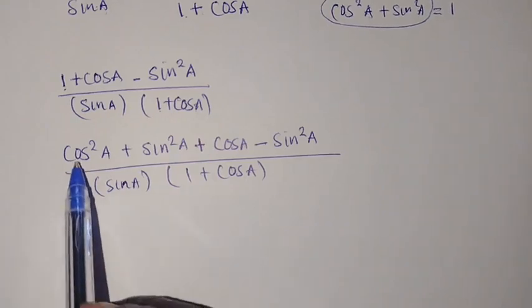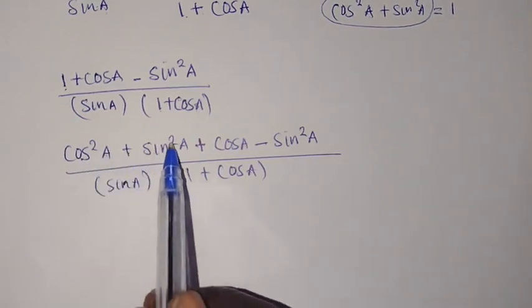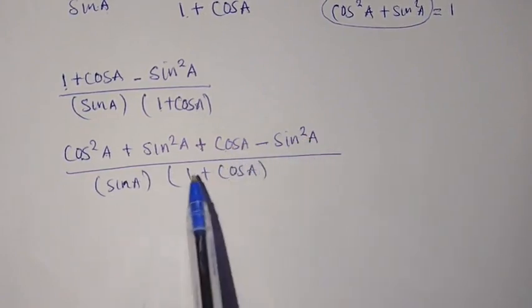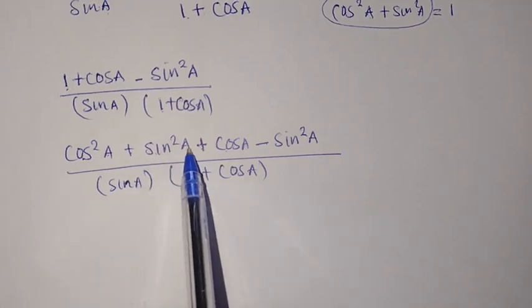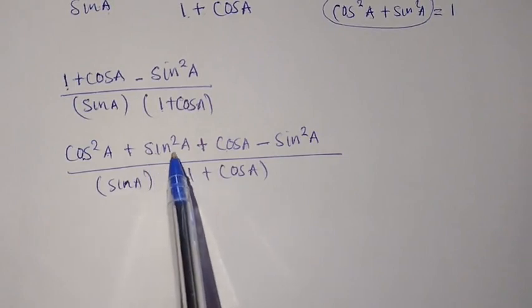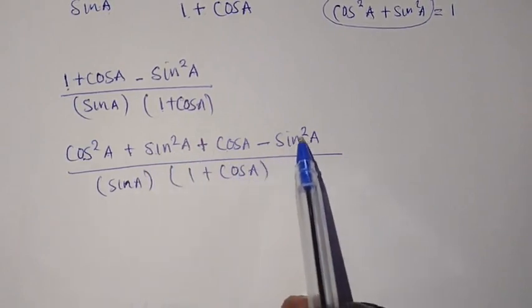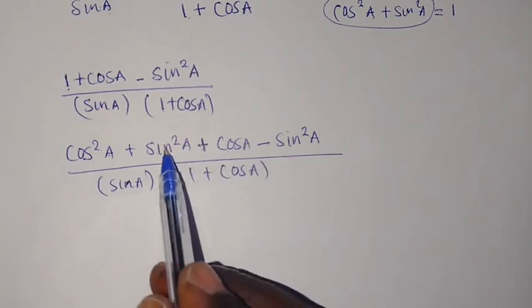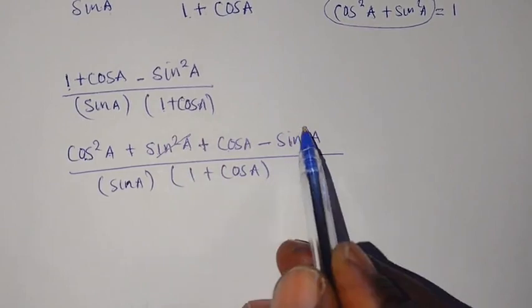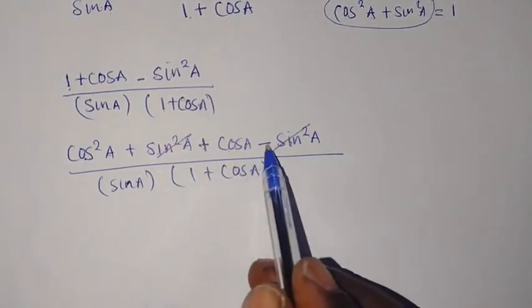Now we have cos squared A plus sine squared A plus cos A minus sine squared A. Sine squared A is common here. This is a positive sine squared A and this is a minus sine squared A, so these will cancel.